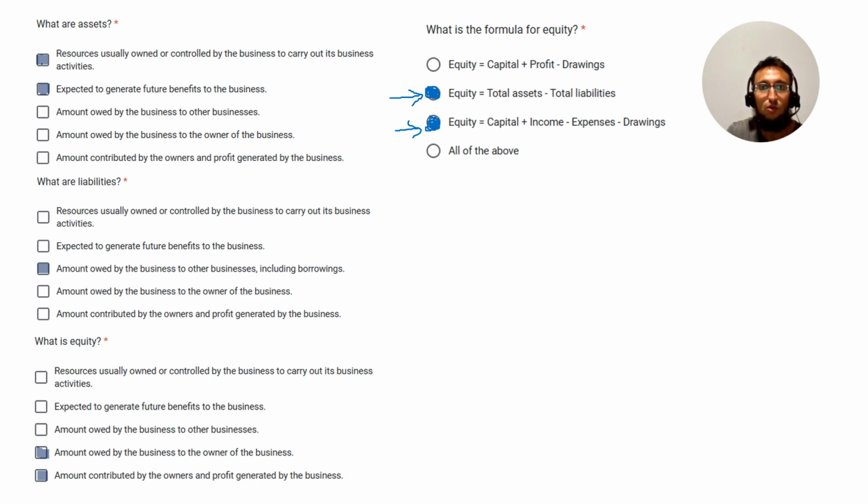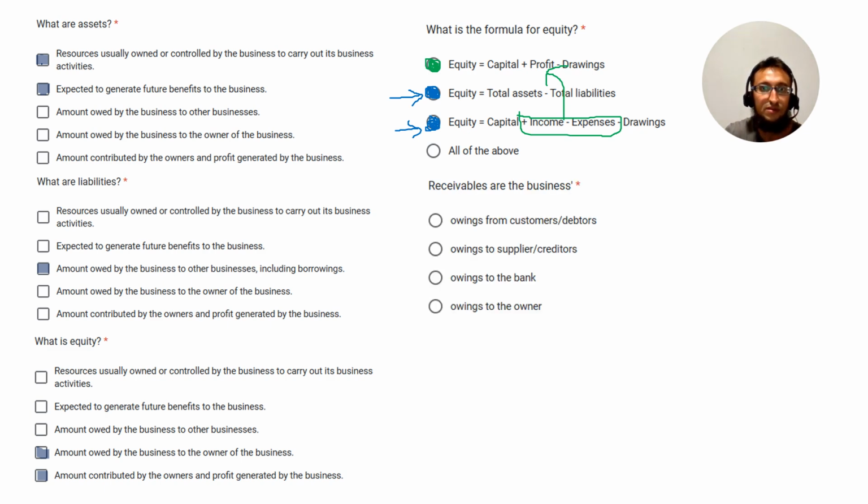And if you were to combine income and expenses in the form of taking the difference, we would get profit. So profit equals income minus expenses. So this option here is also correct. So in fact, the appropriate answer for this question is all of the above. All right, so with that, let's move on to the next question.